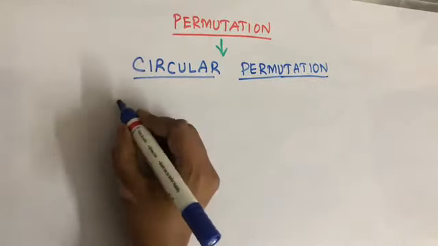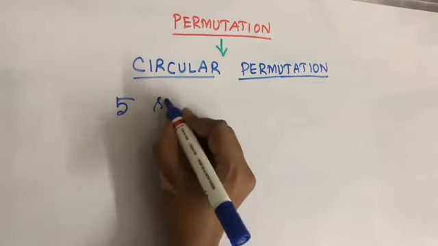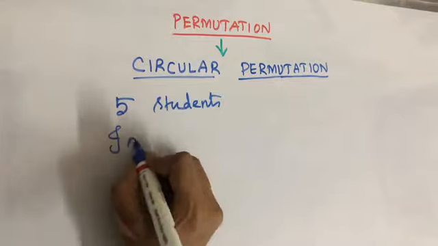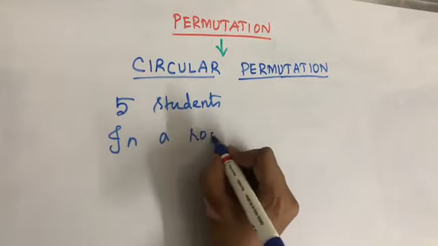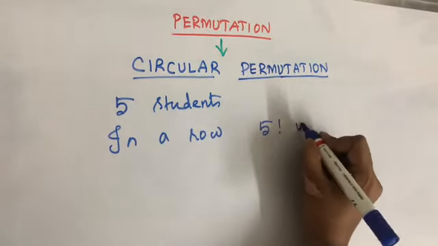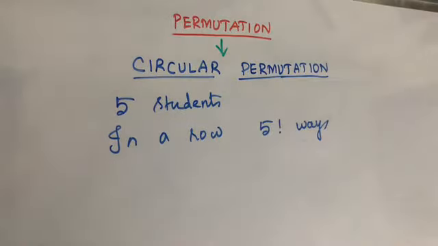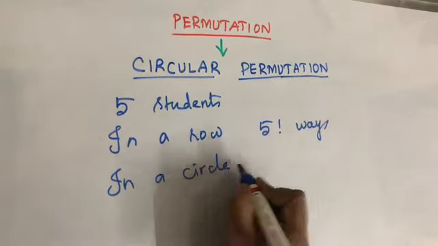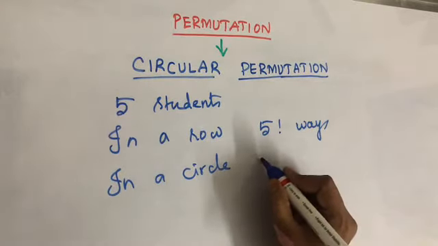For example, 5 students are there. If I arrange them in a row, I have 5 factorial ways to arrange them. If I arrange them in a circle, how many ways do I have? N minus 1.